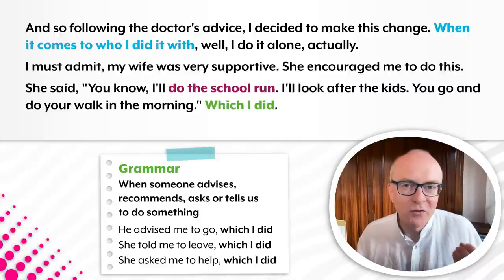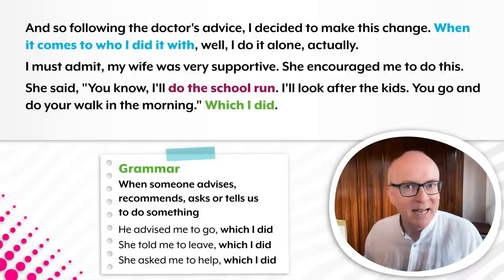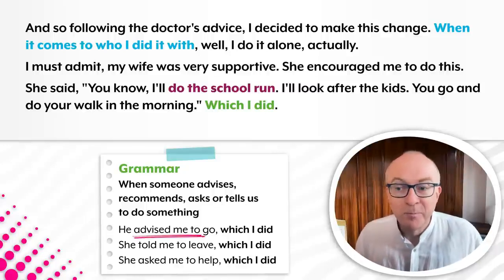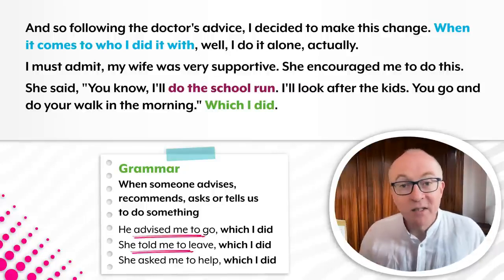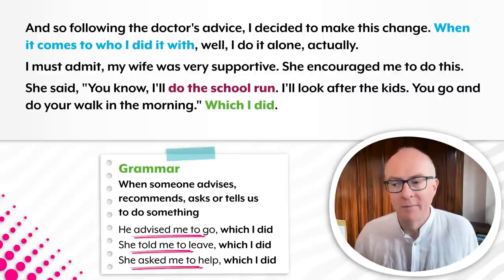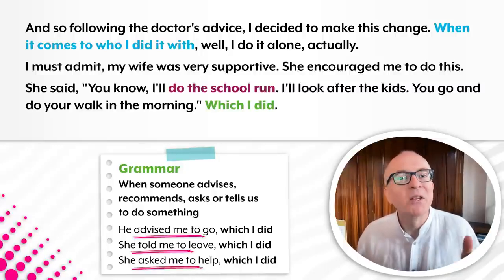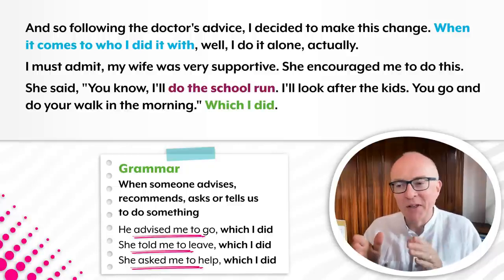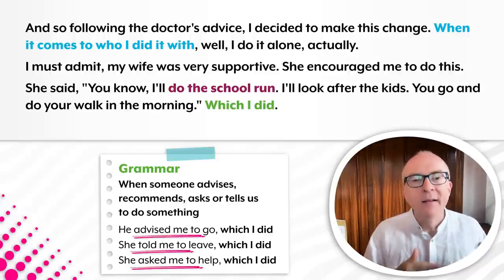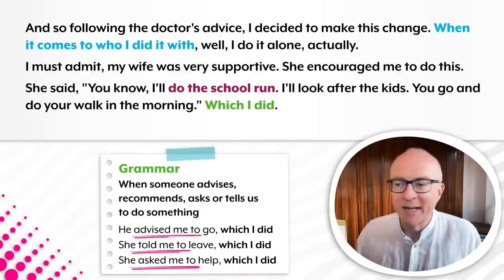It's such natural English, which will make your examiner go, ooh, that's nice. He advised me to go, which I did. She told me to leave, which I did. She asked me to help, which I did. So when you've got that structure with advise, help, to do something, which I did in the past tense.